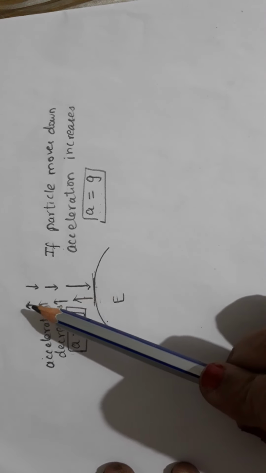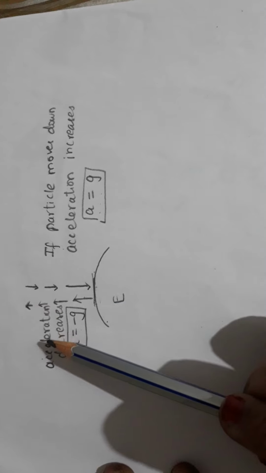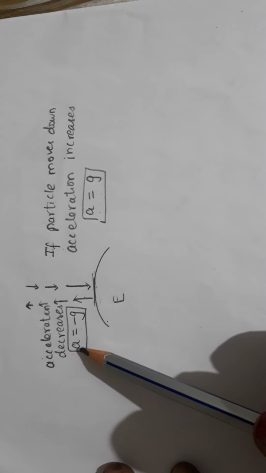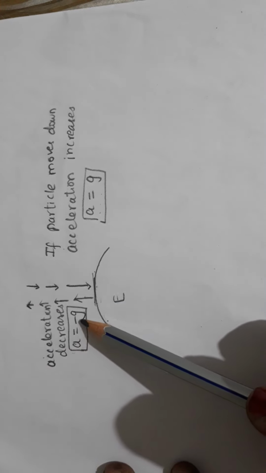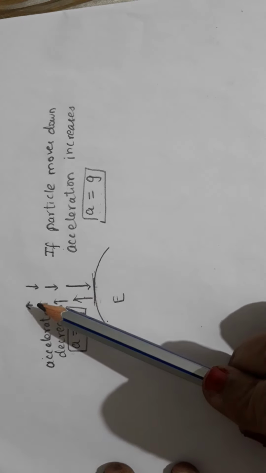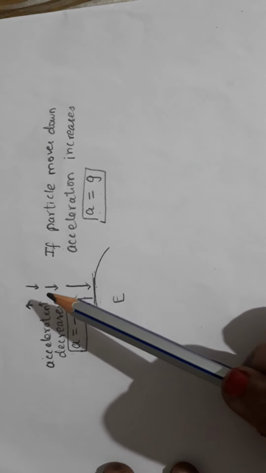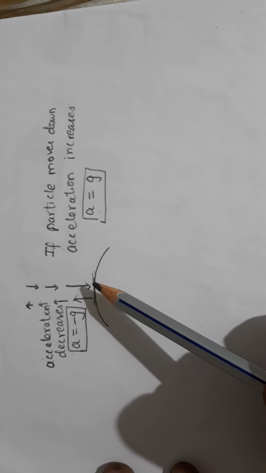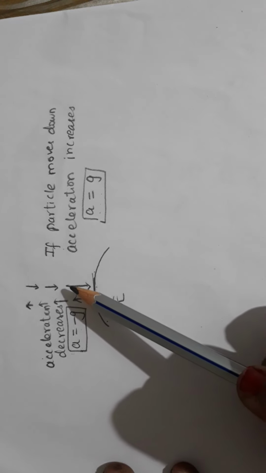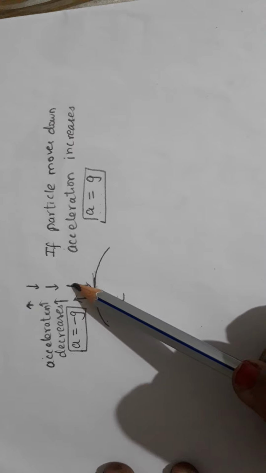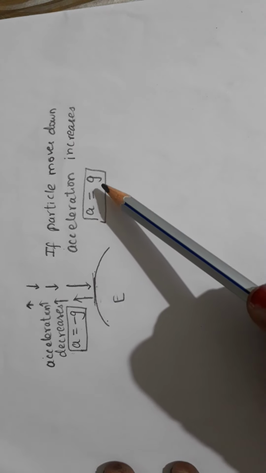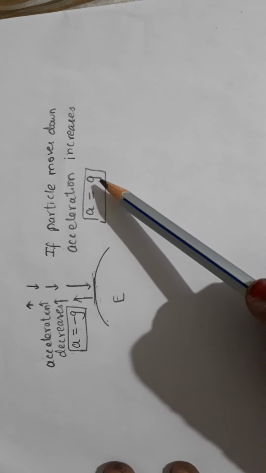As the height increases, velocity decreases, hence acceleration is negative. So a you will take as minus g when the particle is moving upward, whereas in the other case when the particle is moving downward, velocity increases as it reaches the ground. Velocity increases, so a you will take as positive g, plus g, right?